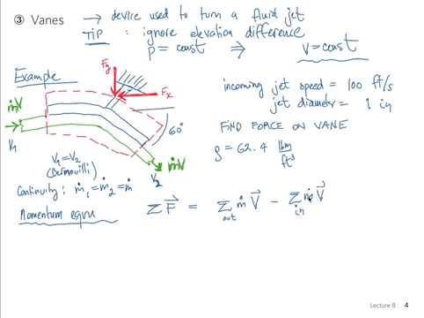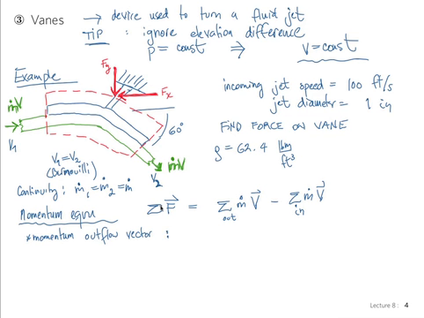So I have to write the momentum outflow vector basically as two components. Momentum outflow vector, I'm going to write the two components.